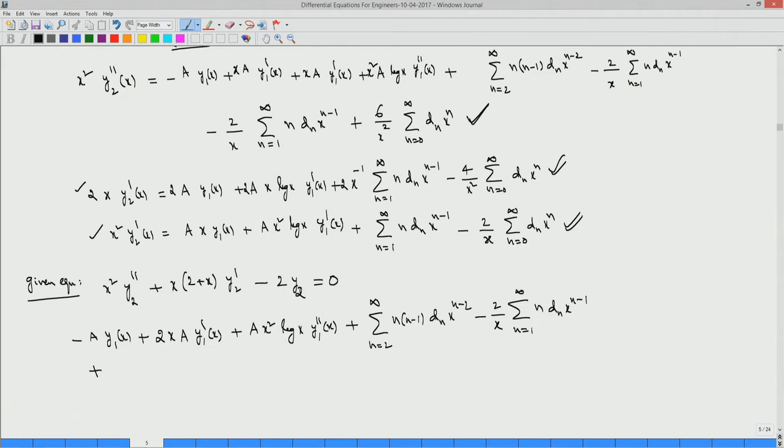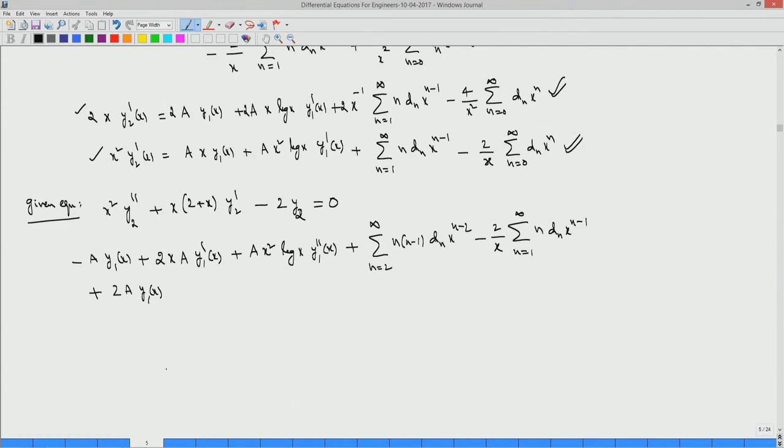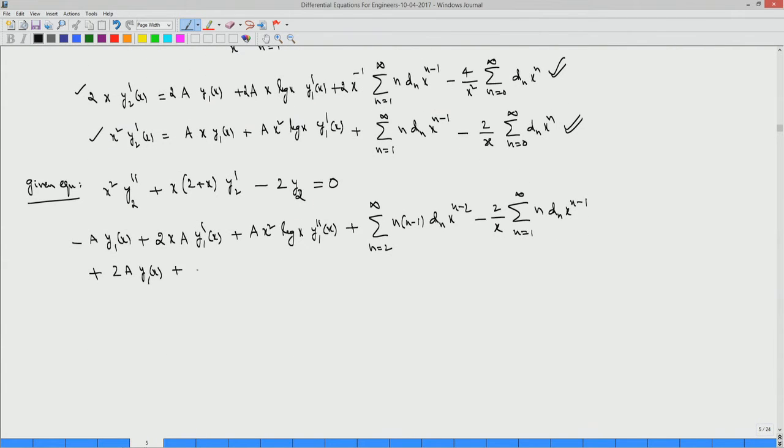So let me write. So you have 2a y1 of x plus 2a x log x y1 dash of x. y1 is the series solution, the first series solution which we already obtained.